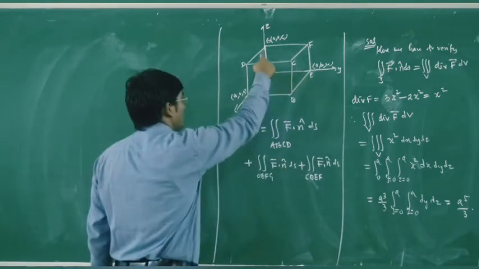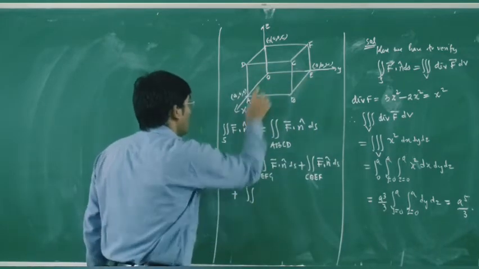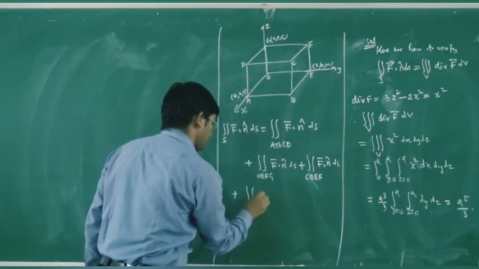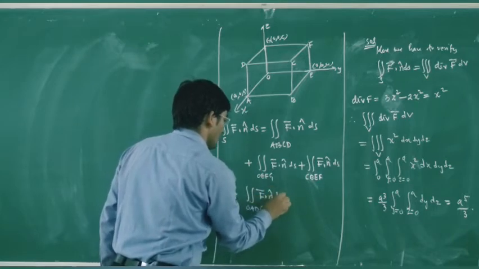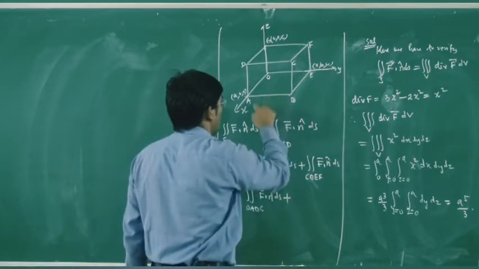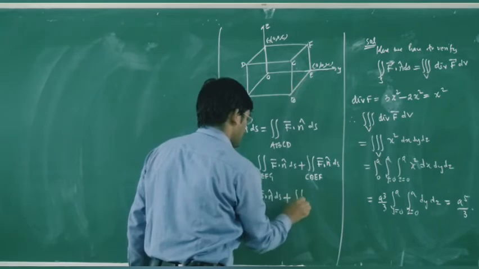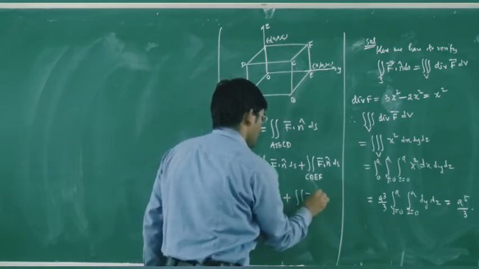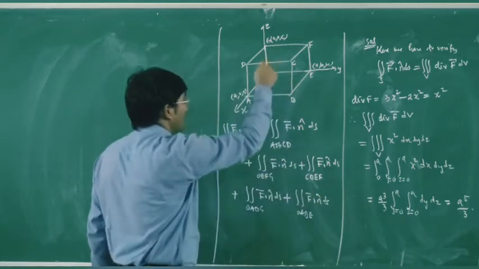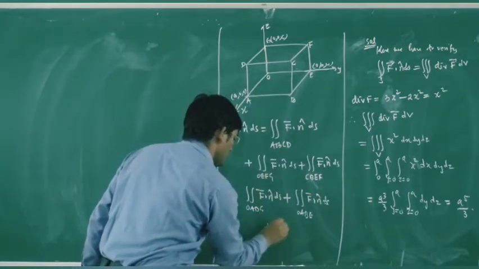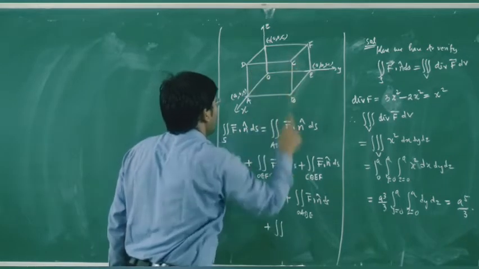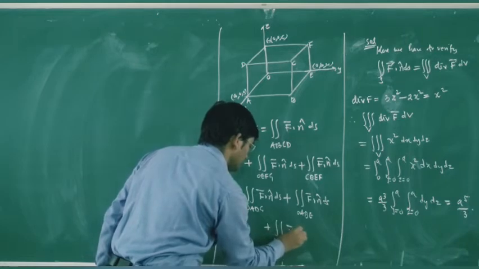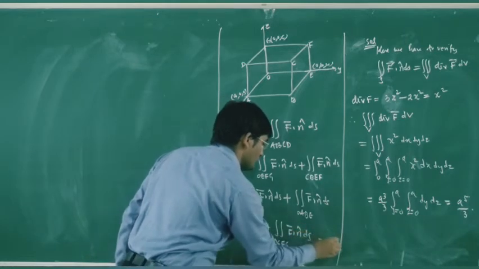Then its opposite, we have O, A, D, G. Then we have this part, O, A, B, E. Then its upper part will be D, C, F, G. So this is equation number 1.